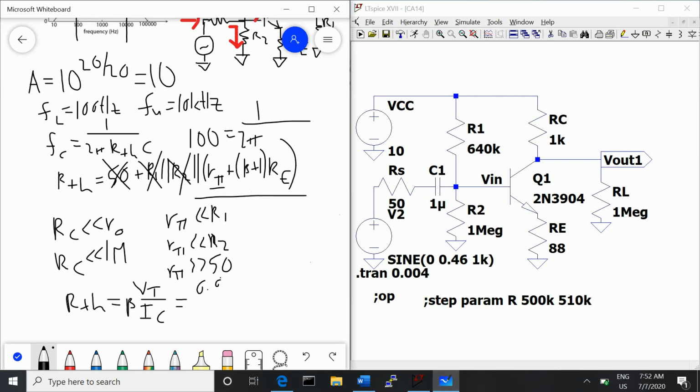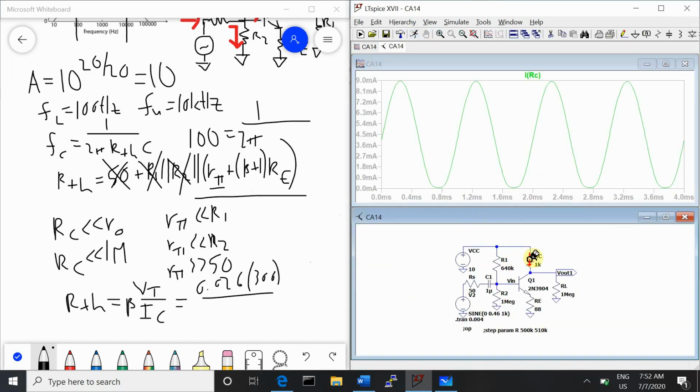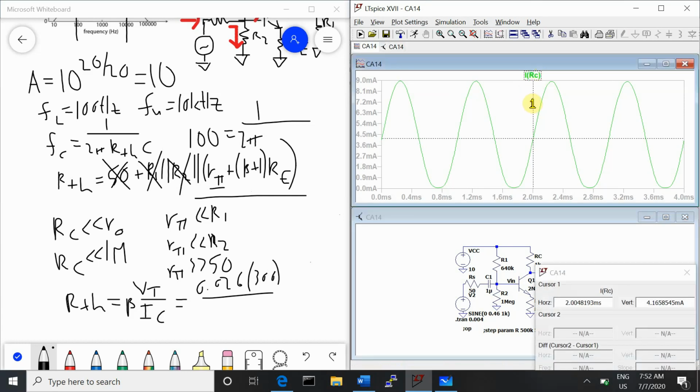So that equals 0.026 times beta, which is 300, over Ic, which we calculated to be 5 milliamps, but then we made a few changes to our equation, so let's just make sure. We're now at 4.1 milliamps, so that's pretty close to the same, so 0.004, and that will give us 1950.